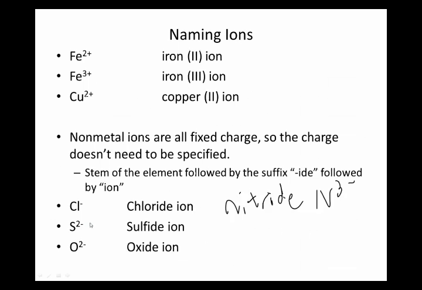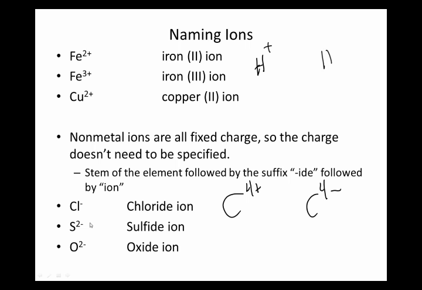Okay, a few other things. I'll show you the list of all of them, but there's two funny ones. Remember how I said way back, it doesn't happen commonly, but carbon could be +4 or -4, and hydrogen could be +1 or -1. Well, there's name differences.